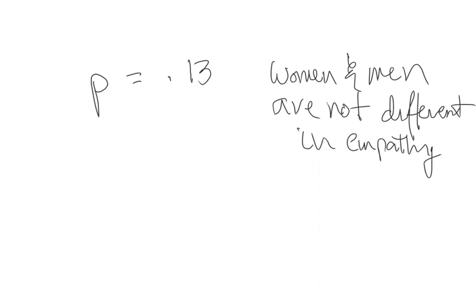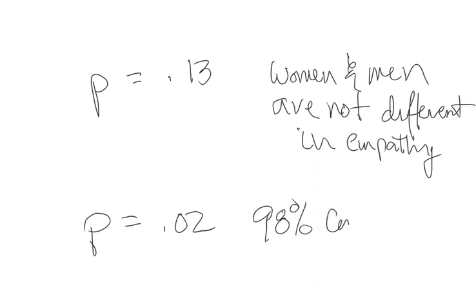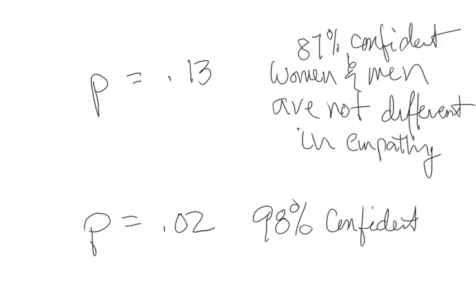We're not 95% sure. What if our statistical test says p equal to 0.02? Well, in this case, we are 98% confident. So up here, we're only 87% confident, and now down here, we're 98% confident.